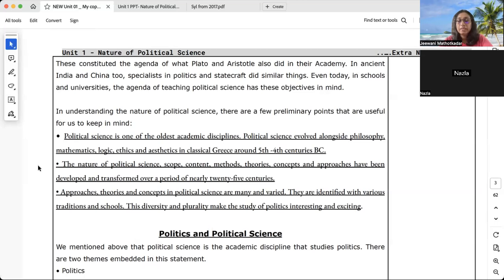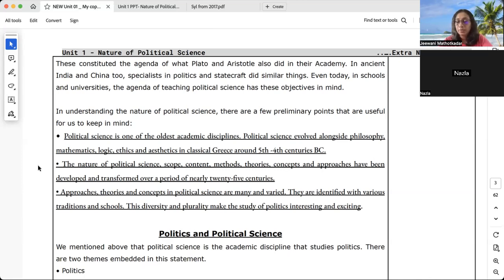Another thing is that the scope, content, methods, concepts and approaches of political science have been developed and transformed over a period of nearly 25 centuries.